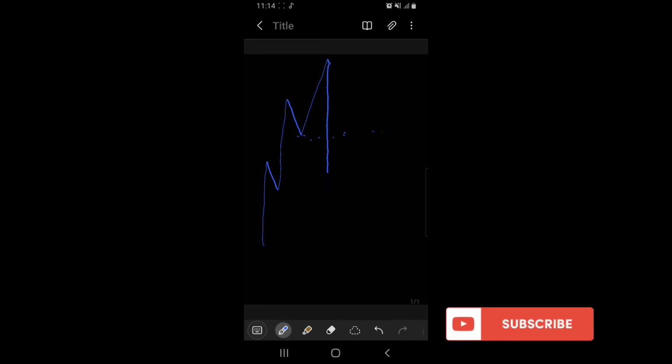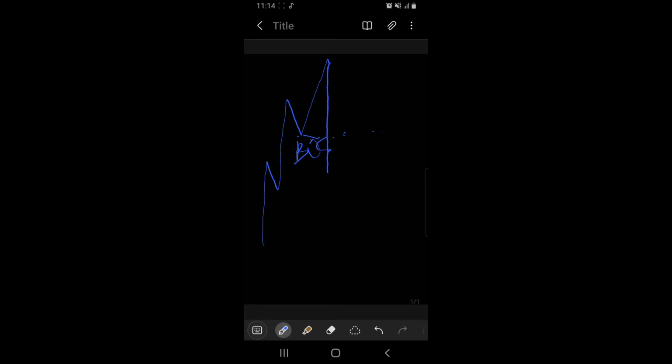So we've got higher high, higher low, higher high, higher low, higher high. Then this one becomes our lowest point of the market. The market has to break this structure. So we've got BOS.